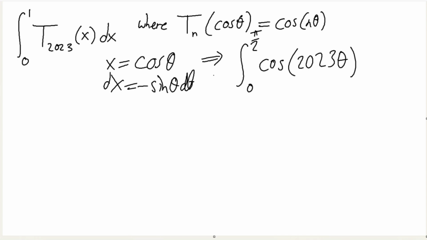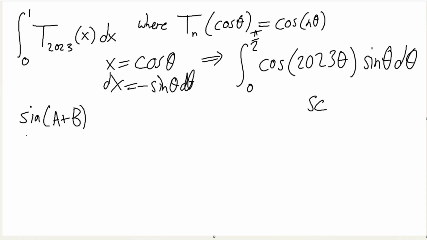But wait! We have sine theta d theta. Ah, it's one of these type of integrals. So it's a trig identity. Now sines and cosines come from the sine law, right?